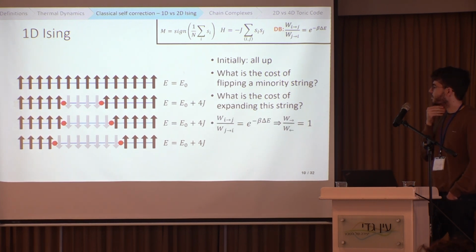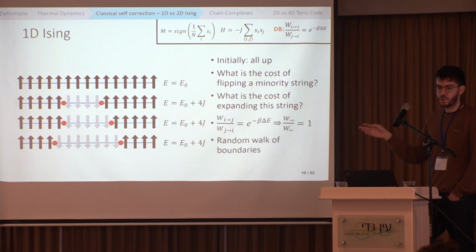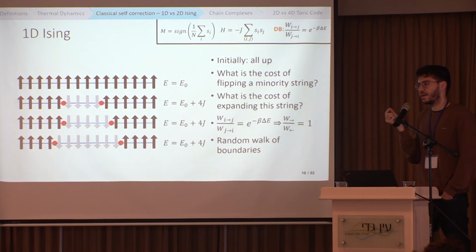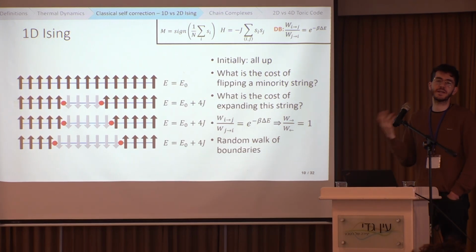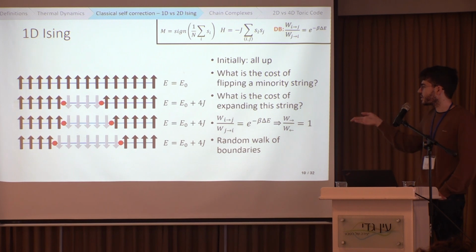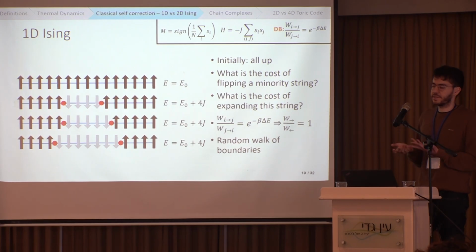In the language of detailed balance, it means that once we had some error, the creation of these boundaries, the boundaries can walk without any cost, and they do just a random walk. It means that once some very small error has occurred, there's no mechanism that takes us back. They just walk around, they can expand the string, they can make it smaller, but there's no going downhill. It's all the same energy.